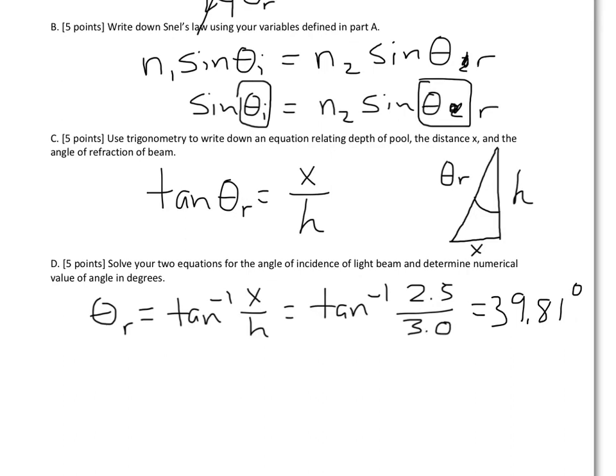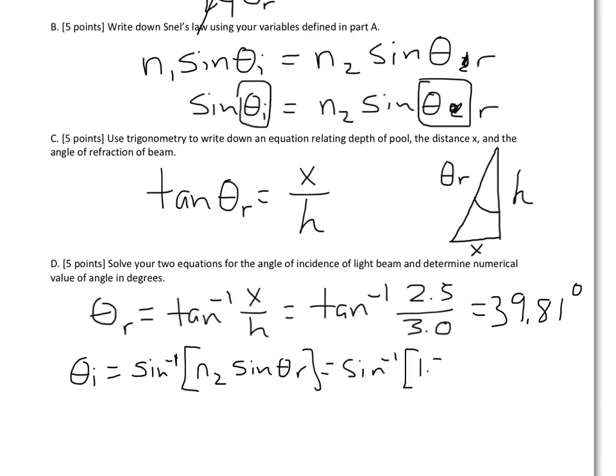Now we can use the equation from B to solve for theta incident. Theta incident will be the inverse sine of n2 times sine theta r, which is the inverse sine of 1.33 times the sine of 39.81 degrees, which is 58.4 degrees.